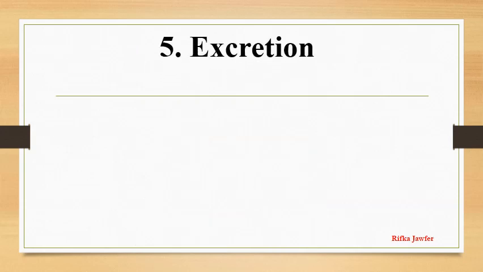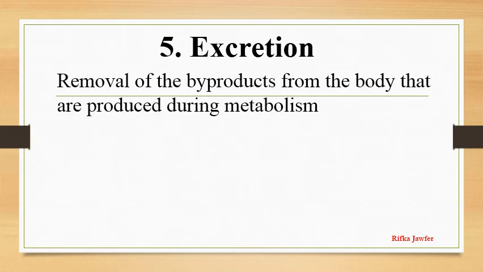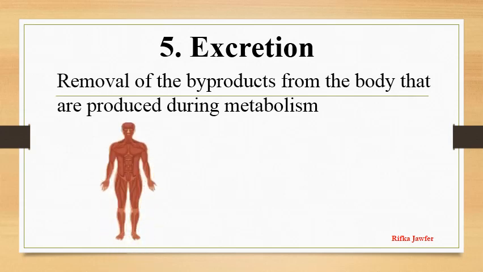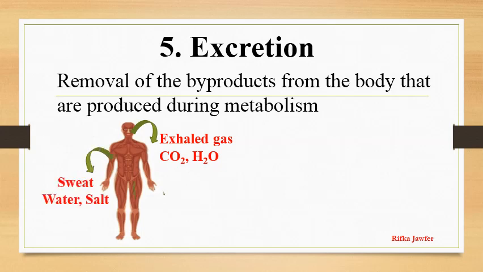Excretion is the removal of the byproducts from the body which are produced during metabolism. Metabolism is the sum of chemical and physiological activities, or building up and breaking down of materials within the cell. The main excretory products of human are carbon dioxide and water vapor in the exhaled air, water and salts in the sweat, and urea, water and salts in urine.